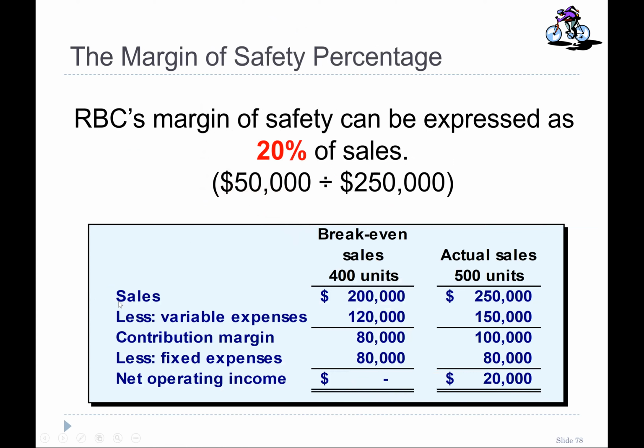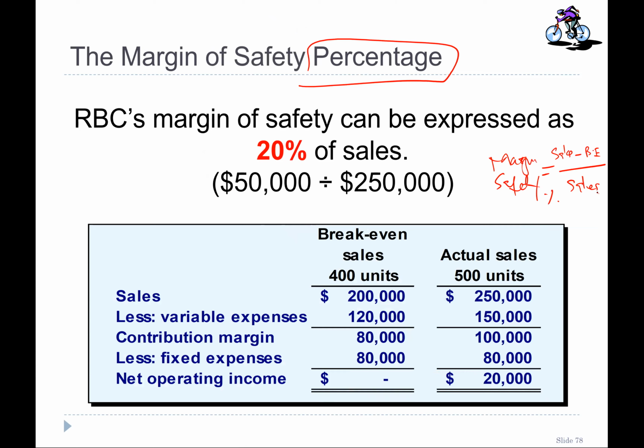And margin of safety can also be calculated in percentage. Margin of safety in percentage is equal to your sales minus break-even sales divided by sales.